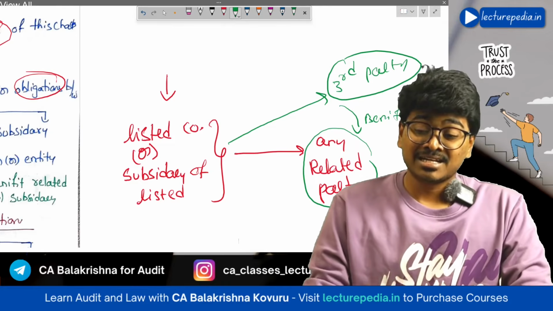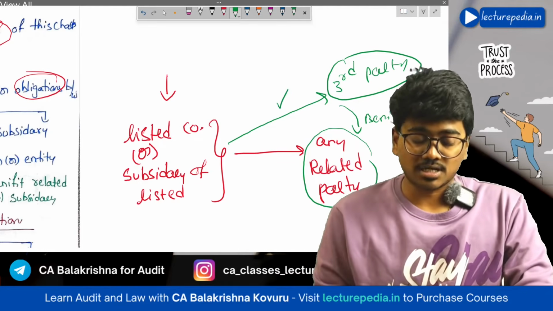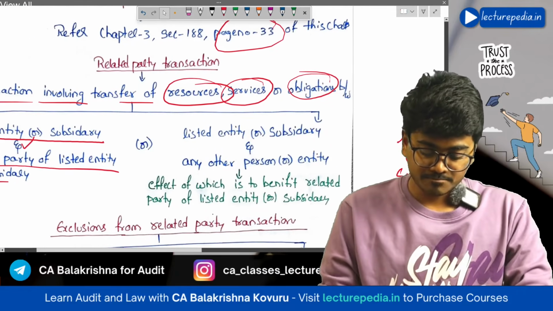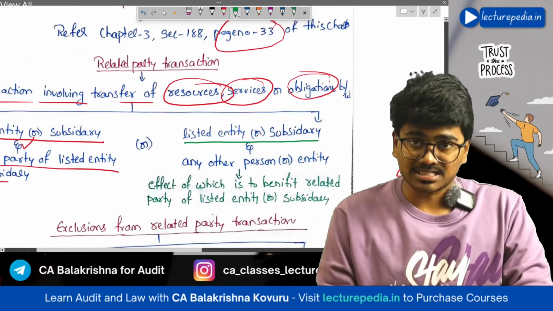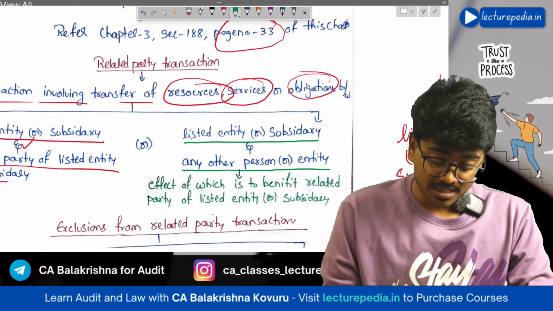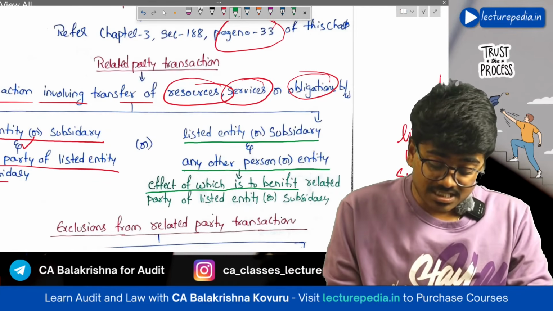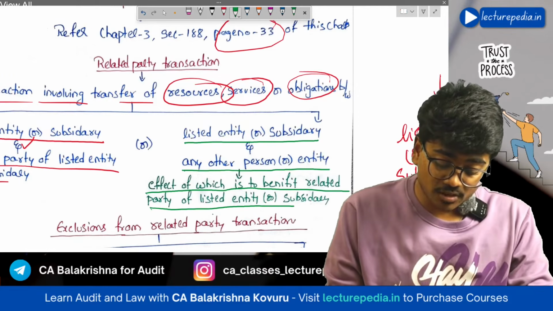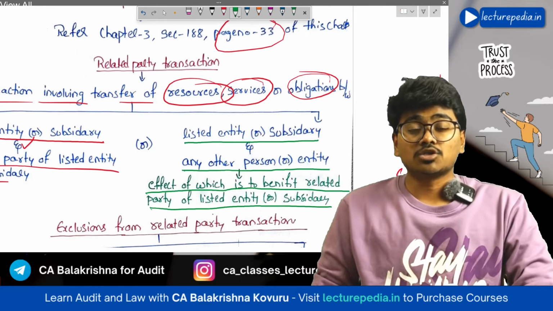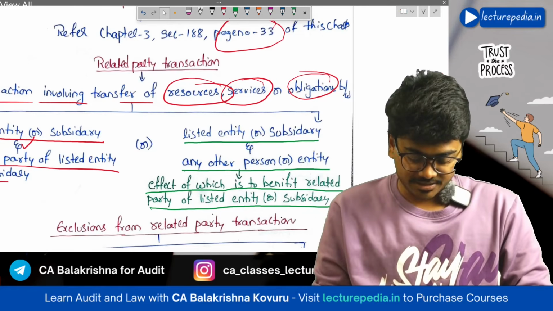Even such types of transactions are also known as related party transactions. That is, a transaction between the listed entity or subsidiary and any other person or entity, the effect of which is to benefit a related party of the listed entity or subsidiary, is also a related party transaction.